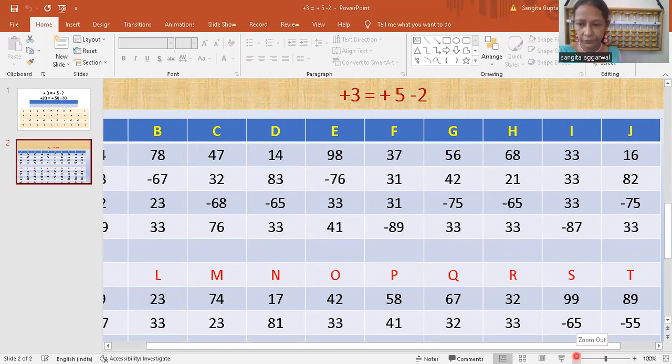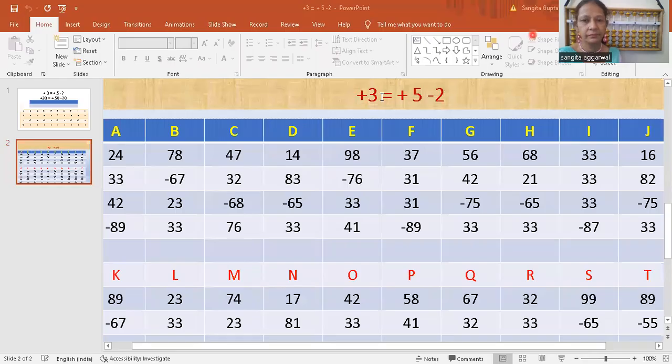So let me show you. Now you can see these formulas. Add 3 is equal to add 5 minus 2. And earlier also, I have told you one formula of complement. The formula was add 4 is equal to add 5 minus 1.